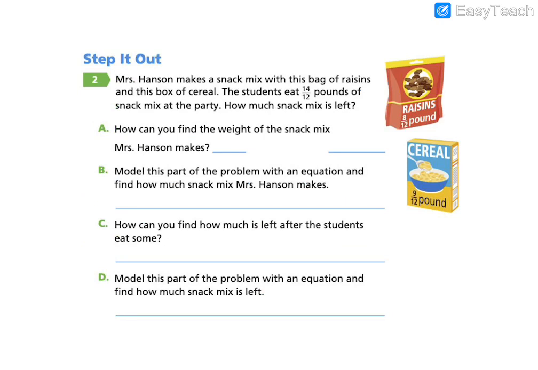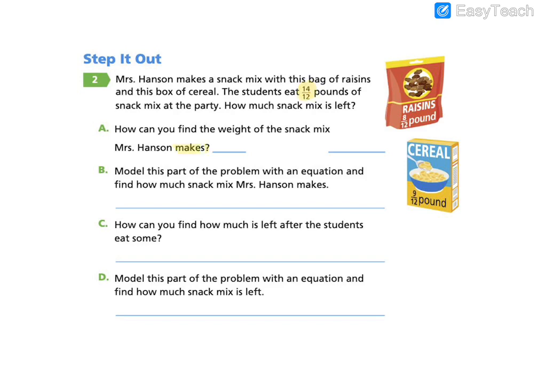Let's go ahead and complete our second problem. Mrs. Hanson makes a snack mix with this bag of raisins and this box of cereal. The students eat 14/12 pounds of snack mix at the party. How much of the snack mix is left? Step 8 asks us, how can we find the weight of the snack mix that Mrs. Hanson makes? Well, we know that they eat 14/12 of a pound.